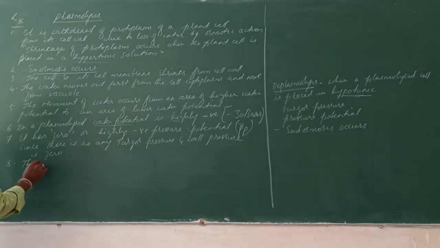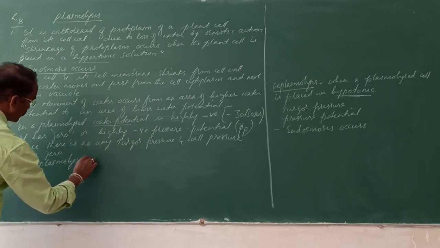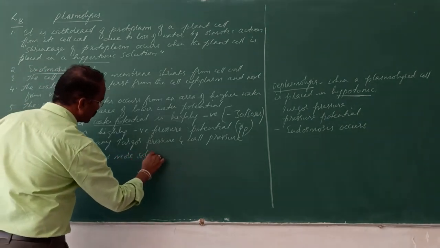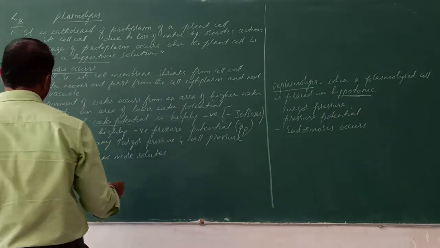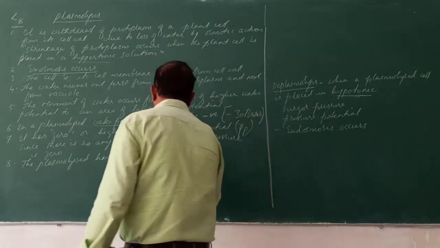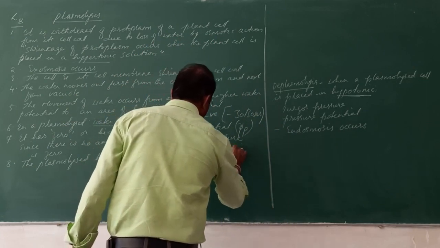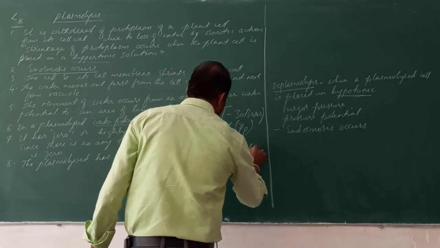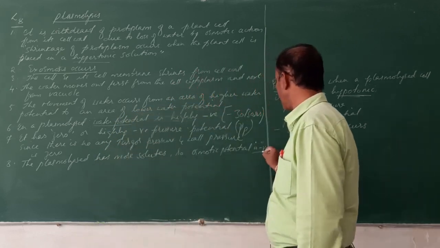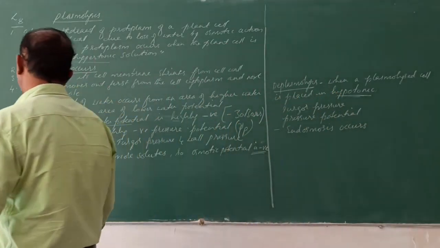The plasmolyzed cell has more solutes, isn't it? So osmotic potential is negative in this cell.